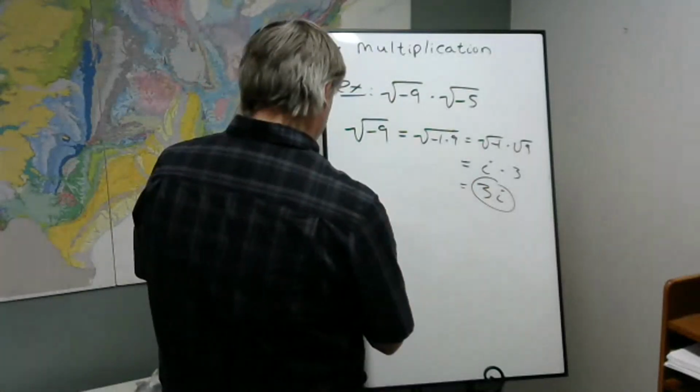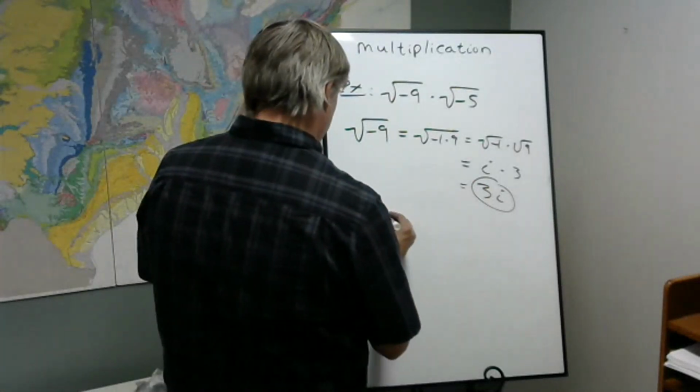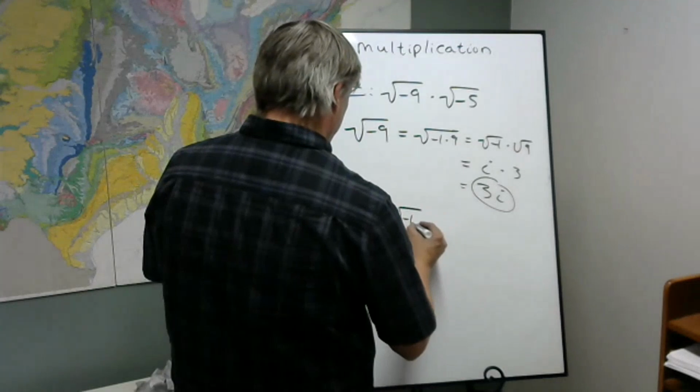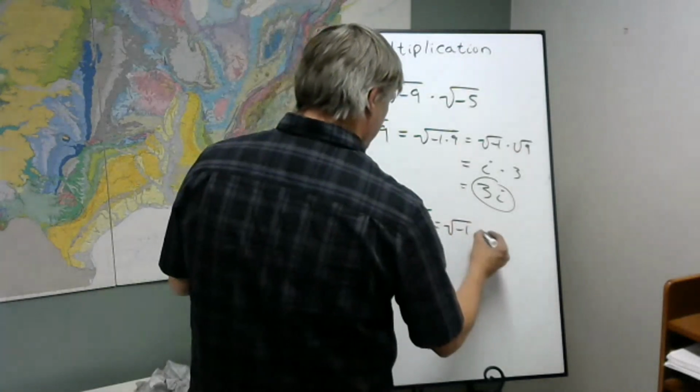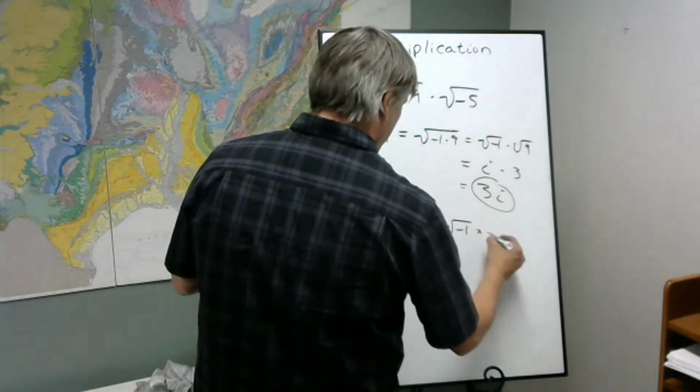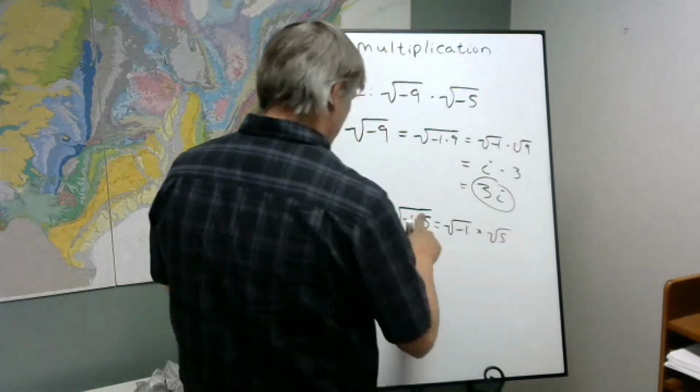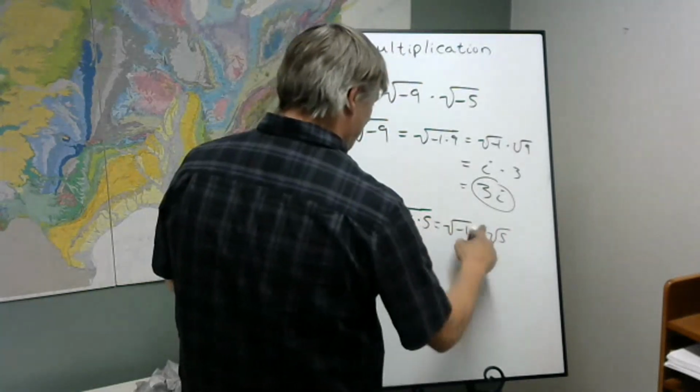Square root of -5 is square root of -1 times 5, or square root of -1 times square root of 5. Here, I'll use dots all the way through.